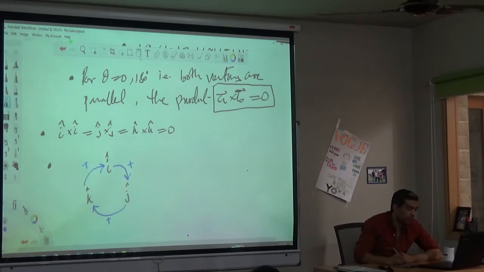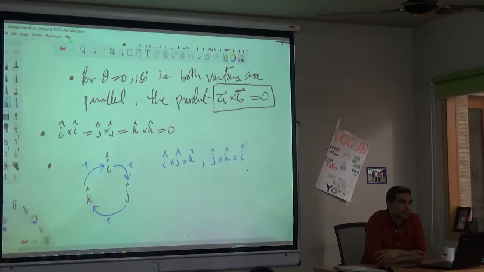I cross J is equal to K. J cross K is an I. This is only when they are parallel.